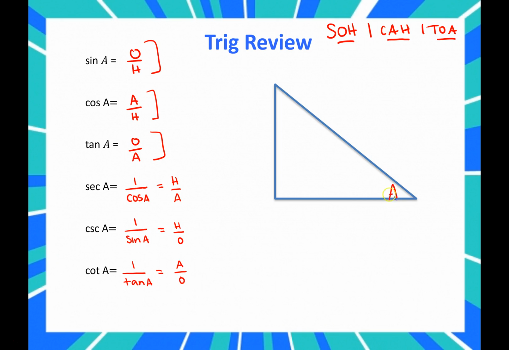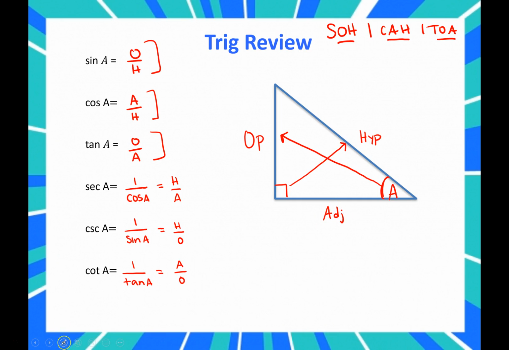All right, now let's think about what sine of a is. First of all, I'd have to identify an angle as being a, and then we'd have a right triangle, and I have to label my sides. Across from angle A is the opposite. Across from the 90 is the hypotenuse, and the remaining side is the adjacent.